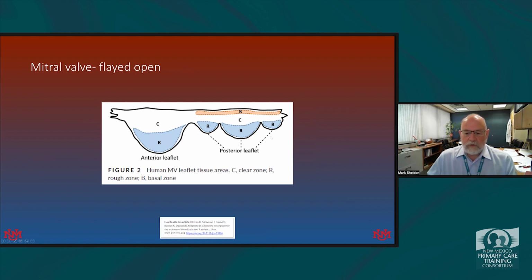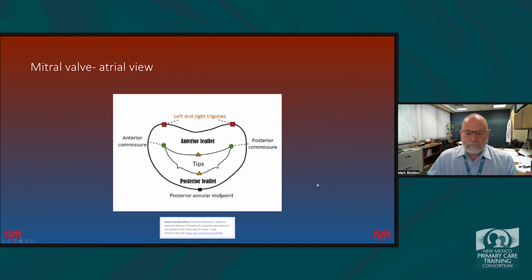Note there are three little cusps or leaflets in the posterior leaflet. So now this again is looking at your mitral valve from the atrium down. The aortic valve is up here. You have the anterior leaflet here and the posterior leaflet with the three cusps or subleaflets.